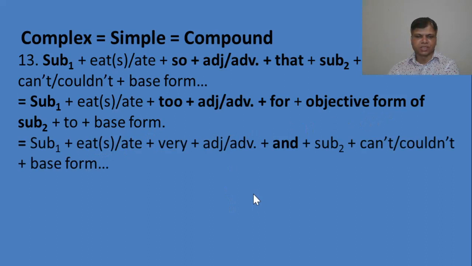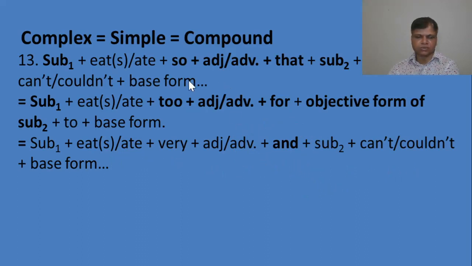If you want to make it a compound sentence, so will be very or great, then we have to use adjective or adverb, and the dependent clause will be joined by and. So two clauses, independent and dependent, will be joined by and if you want to make it a compound sentence.